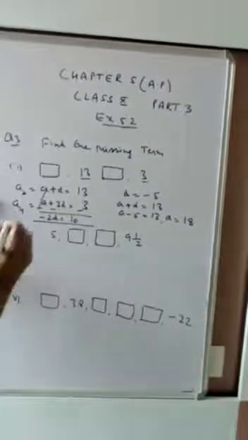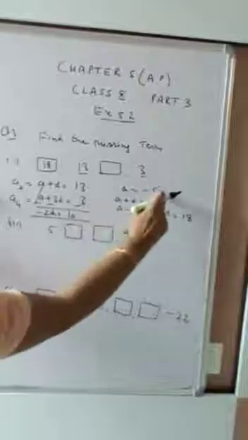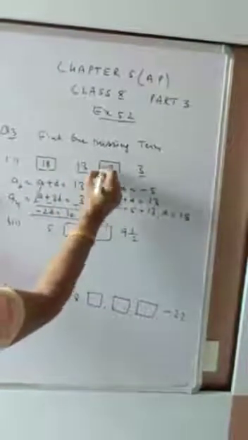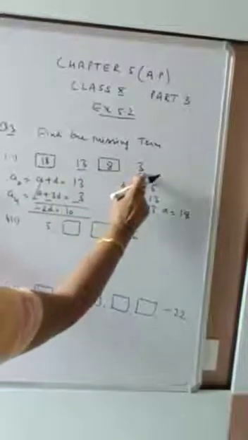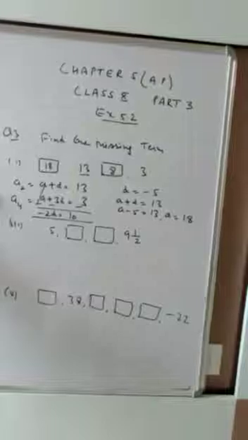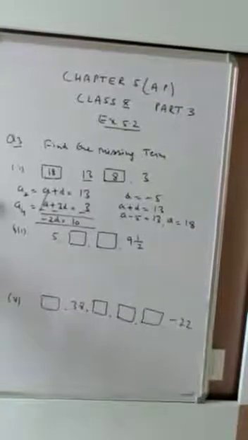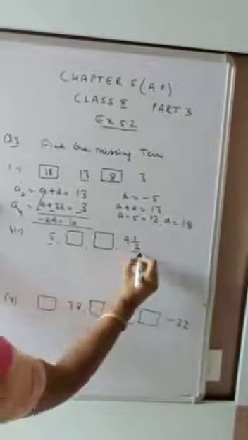So this is an AP in decreasing order whose first term is 18 and common difference is minus 5: 18, 18 minus 5 is 13, 13 minus 5 is 8 and 8 minus 5 is 3. So if we know any two terms of the AP, by using the formula we can find the other unknown terms.